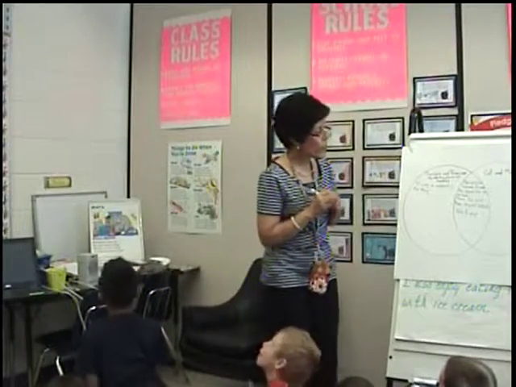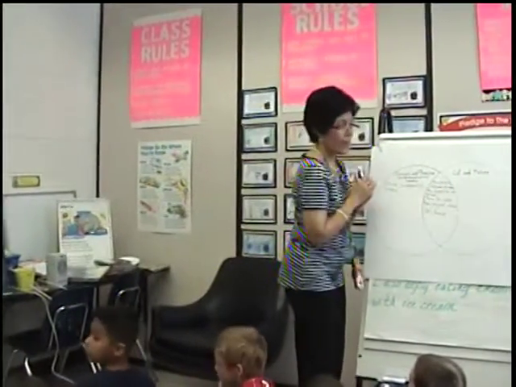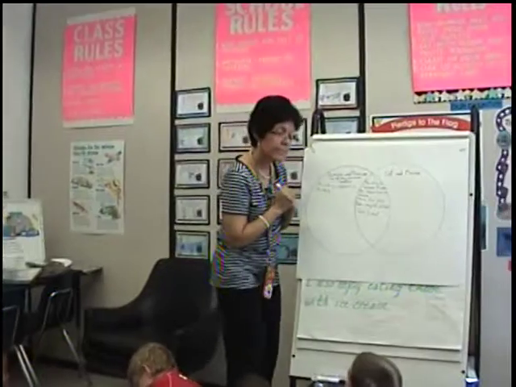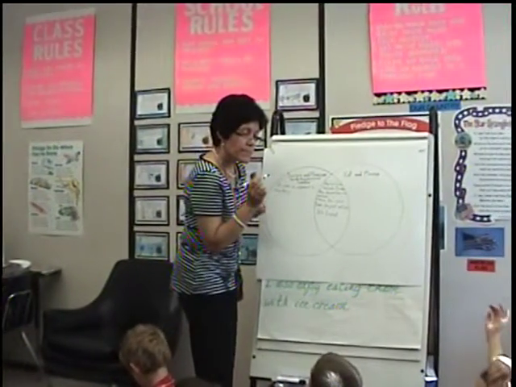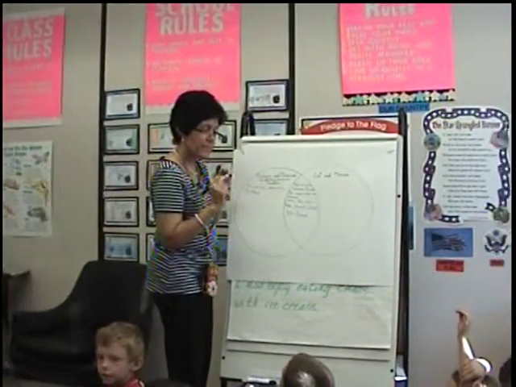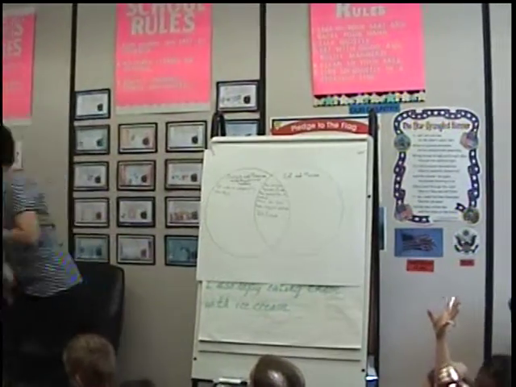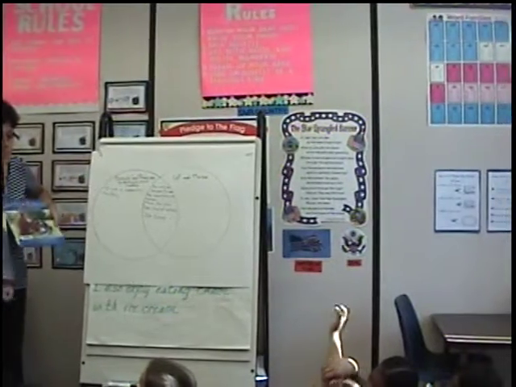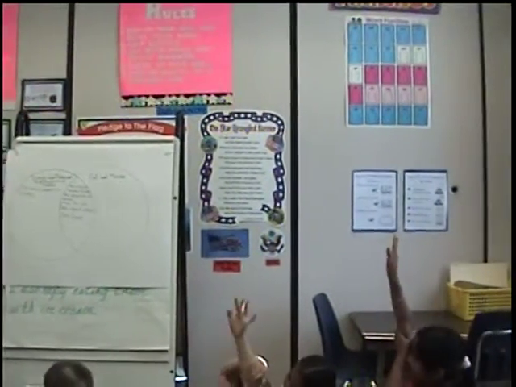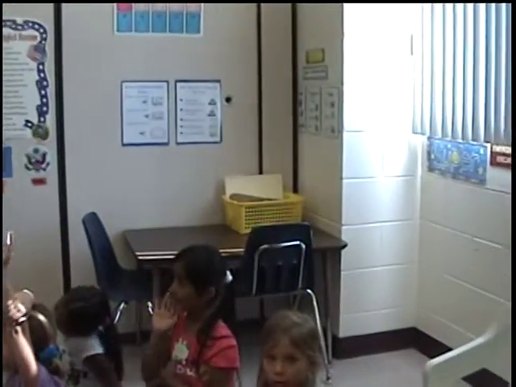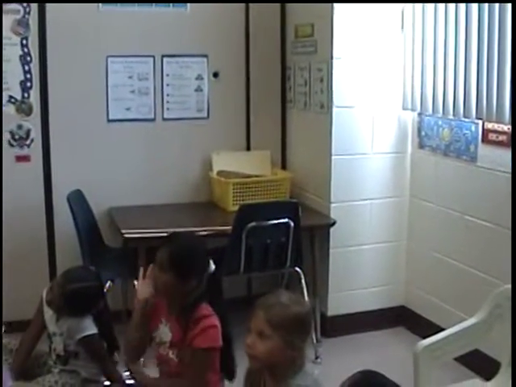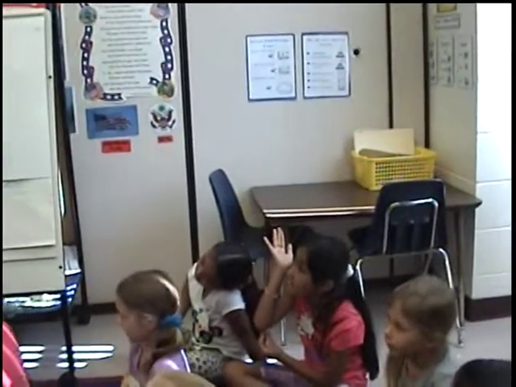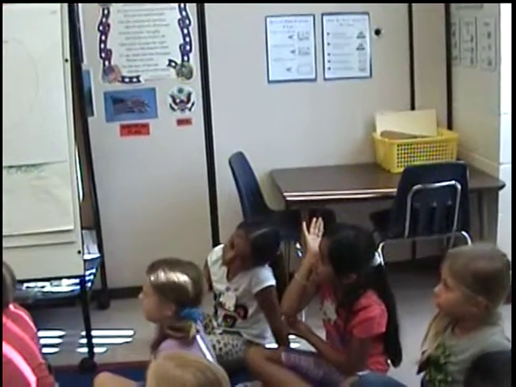Do you think these two books, cat and mouse, how can they be different? How can they be different? Okay, let's give a chance to Emma. One has a monkey and a dog, and the other one has a cat and a dog.